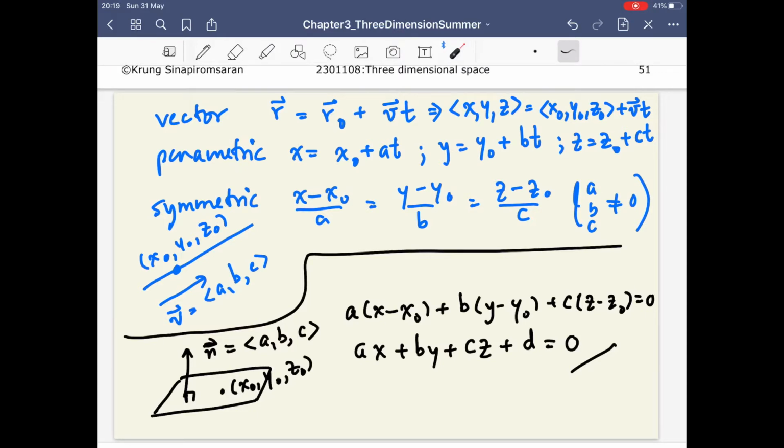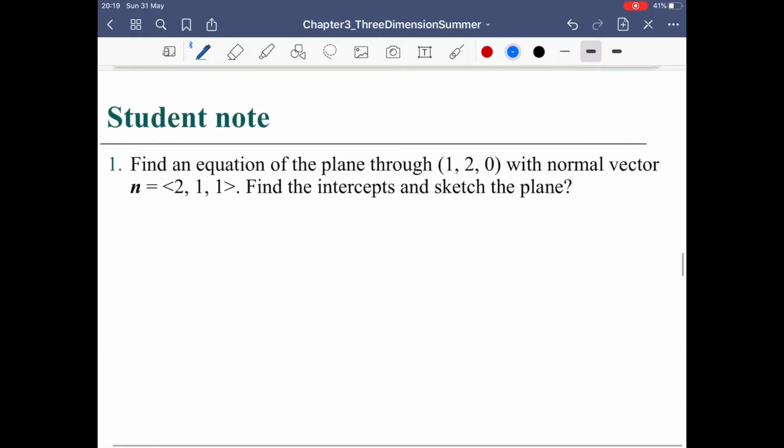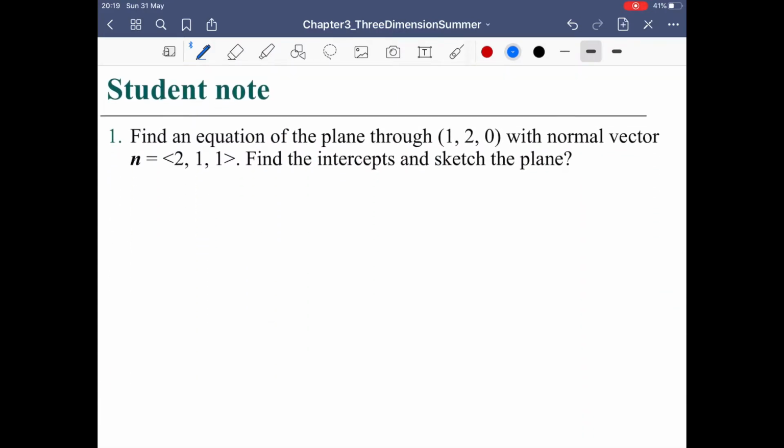So in this clip, we are going to go over several problems concerning the equation of the line and the equation of the plane, and also several problems using the line or the plane. For example, the first one: you need to find the equation of the plane.